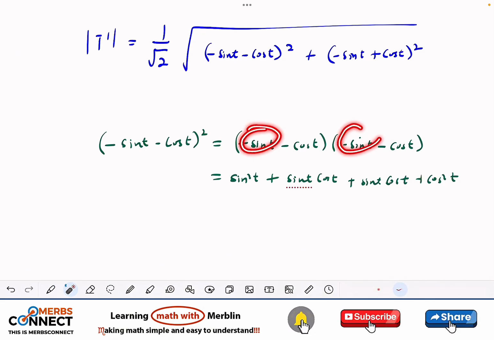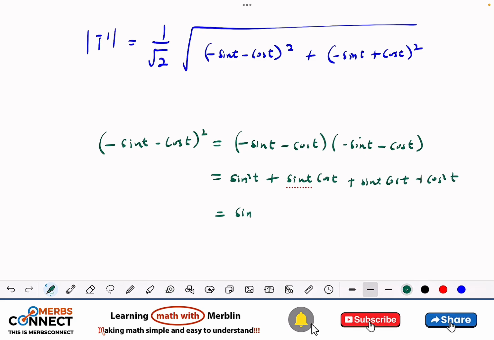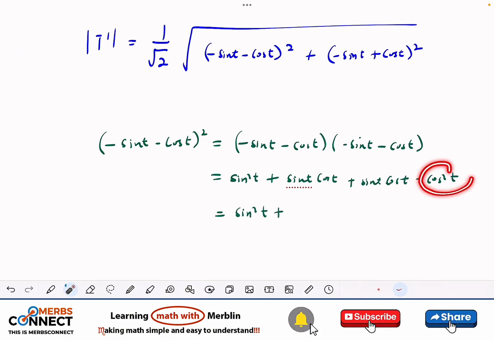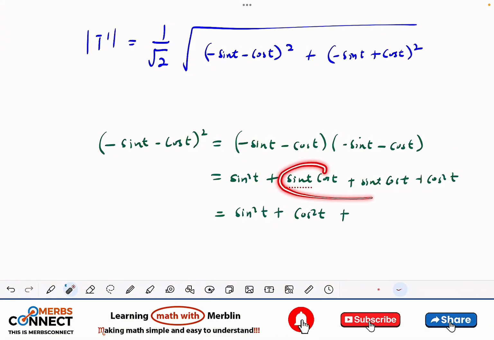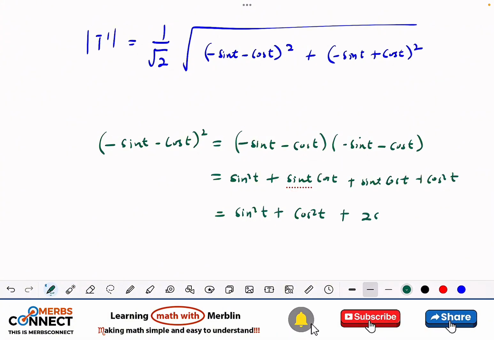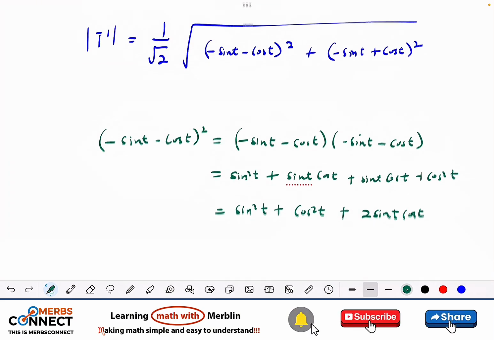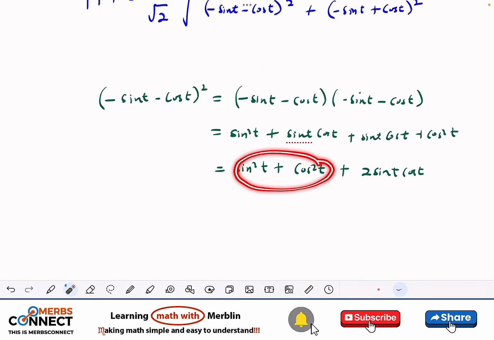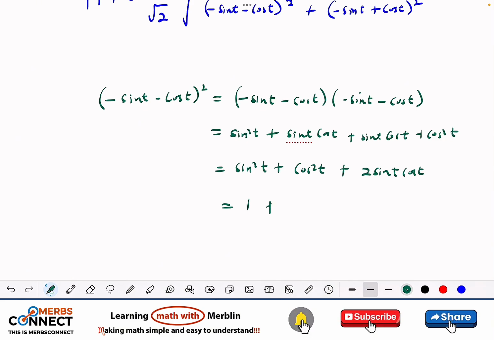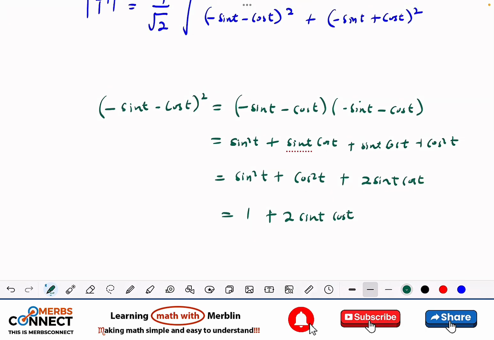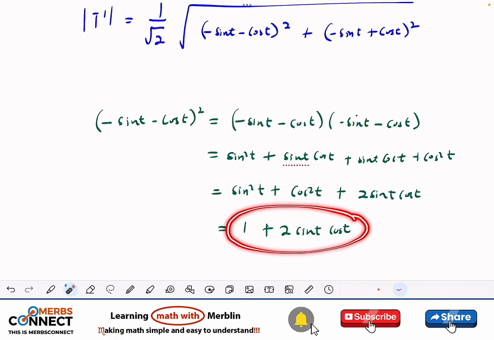So distribute this to this and that, this to this, and then this to this. So simplify, and we are going to have sine squared t plus, I'll bring this guy close to this. Then when I simplify this, I'm going to have 2 sine t cos t. We know that this guy here will be 1, so we are going to have 1 plus 2 sine t cos t. So this is the expansion for this.